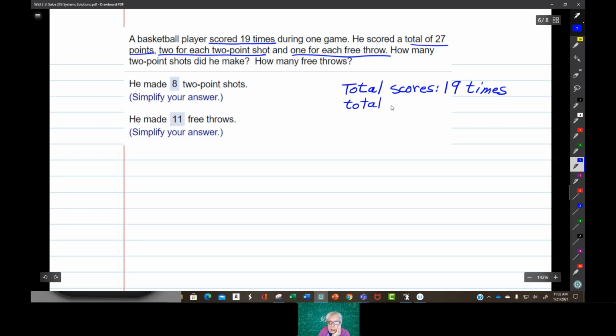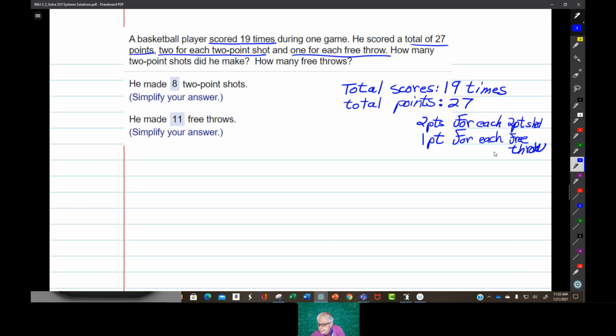Total points, 27. 2 for each 2-point shot, and 1 point for each free throw. All right. Well.